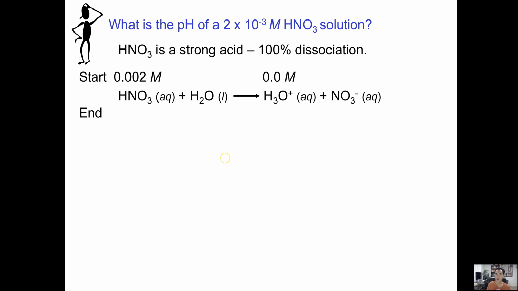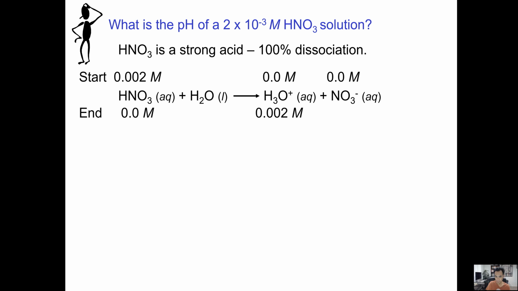And at the start, you're starting off with 0 H3O because you have not moved the reaction forward. There's 0.0 molar of the ion, and also you have 0 for that. You don't really take a look at the water here because it's still participating, but it's not as important as the other ones.